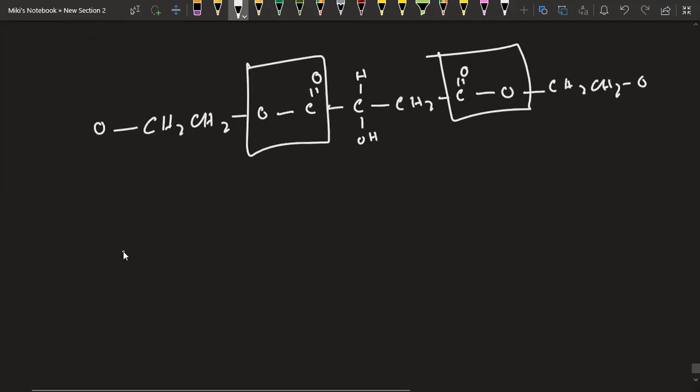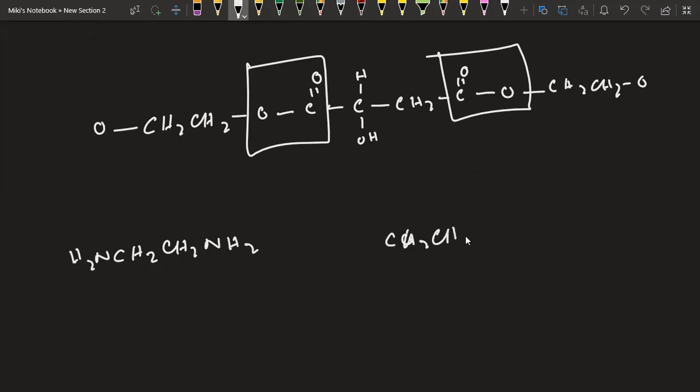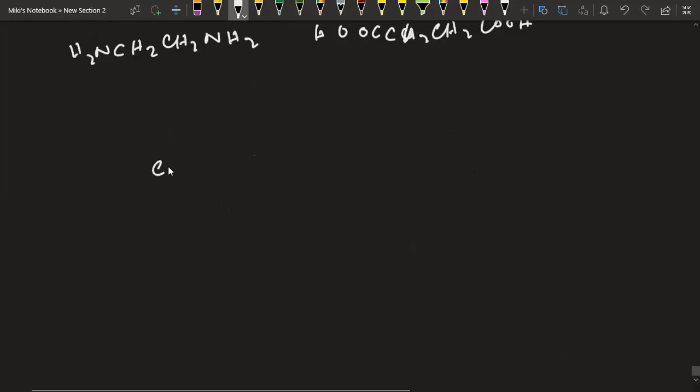Let's say instead of this, we have carboxylic acid and diamine. CH2, CH2, NH2, and here NH2. And we have CH2, CH2, COOH, and COOH. Okay, now let's see what happens.